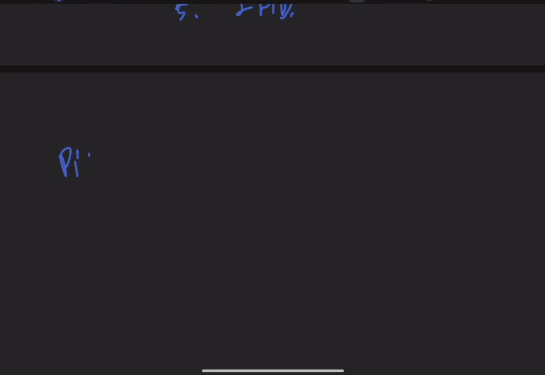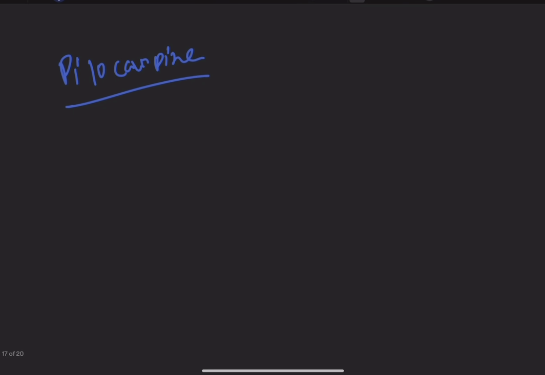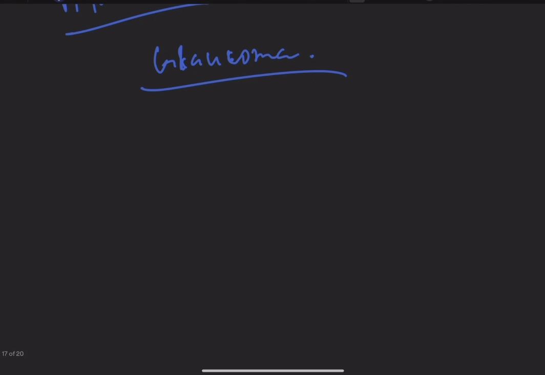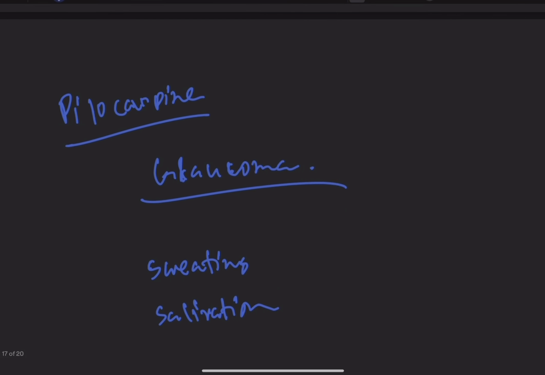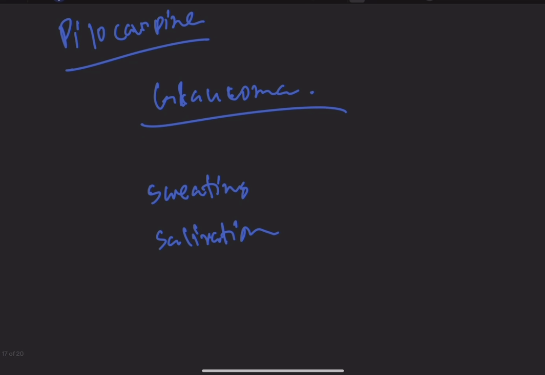Other drugs, like I've talked about pilocarpine, we use it in glaucoma. Other than glaucoma, we can use it to increase sweating and salivation, because these cholinergic agonist drugs increase the sweating and the salivation.